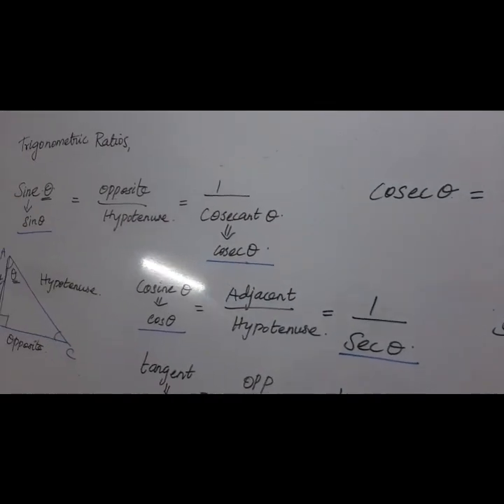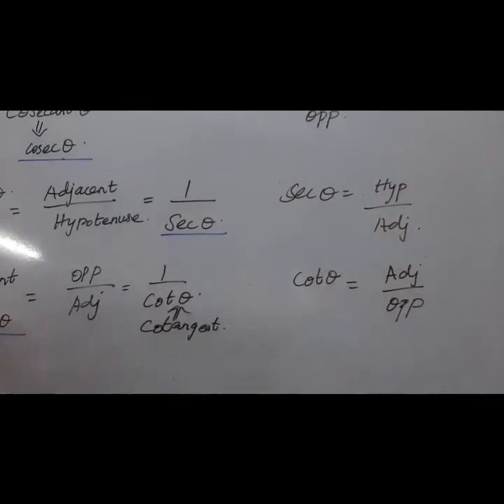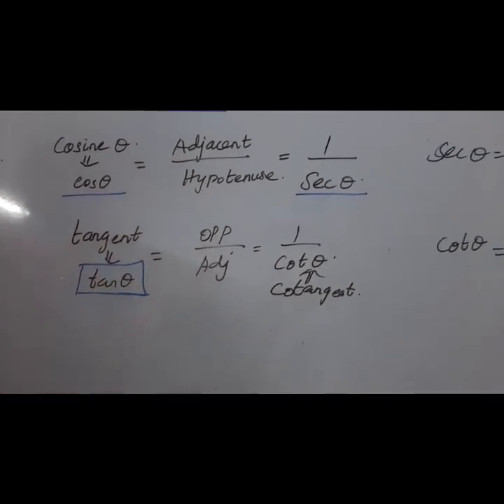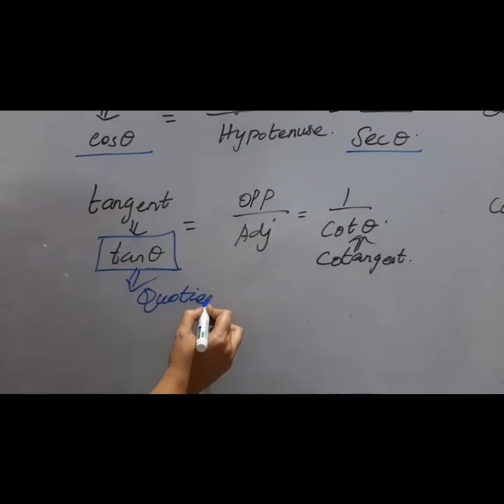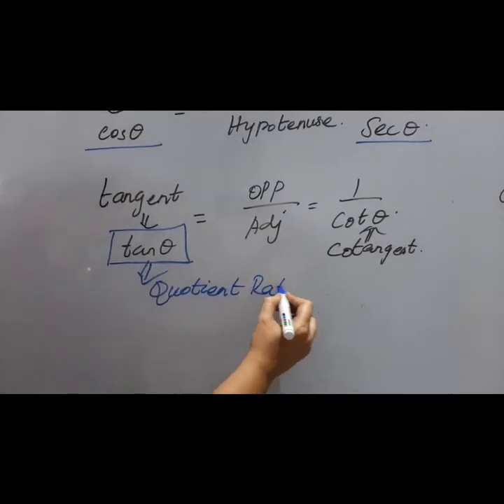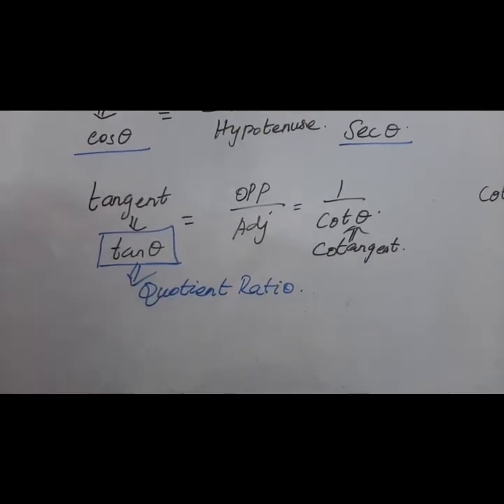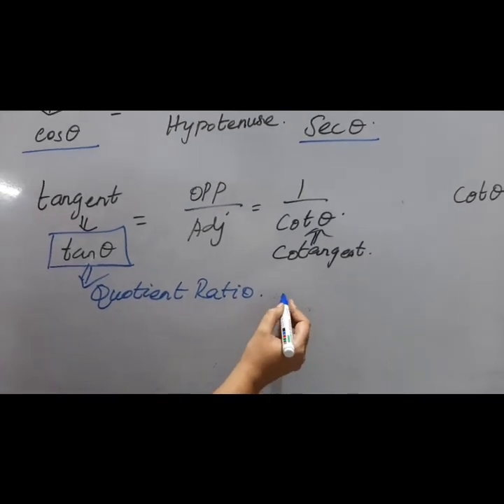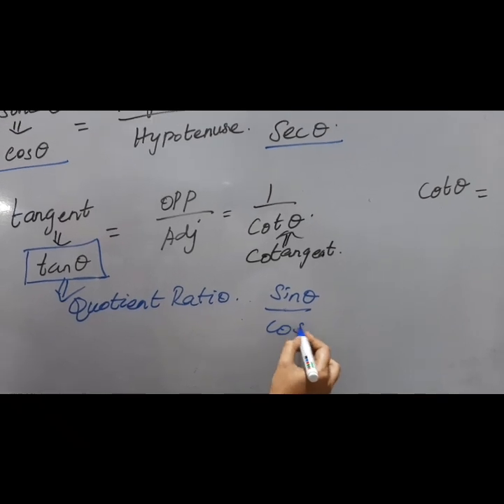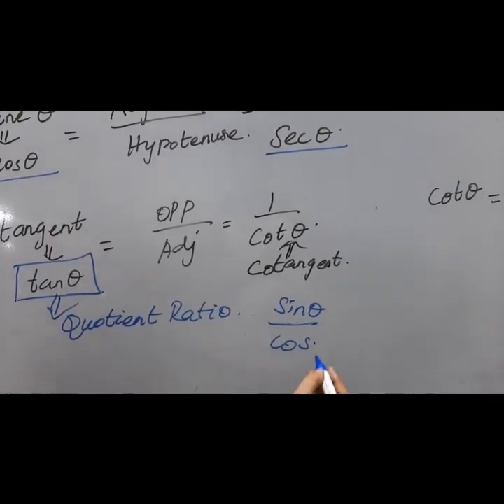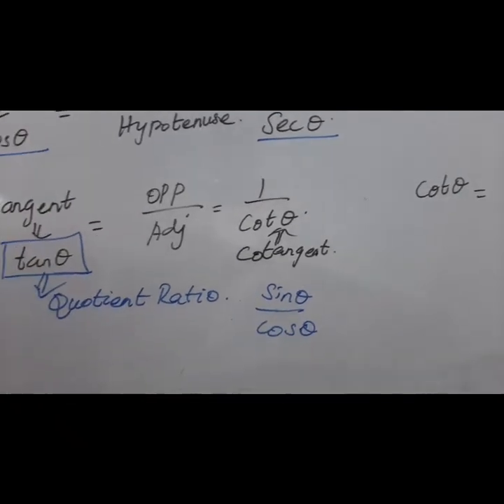And there are 2 special ratios also. The first one, tan theta, can also be defined as a quotient ratio. This quotient can be got by dividing sine by cos. If we divide sine theta by cos theta, we will get tan theta.